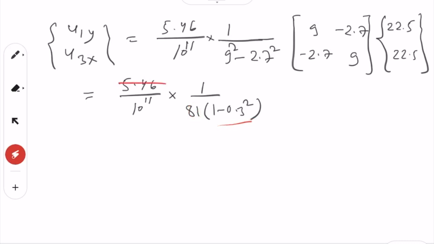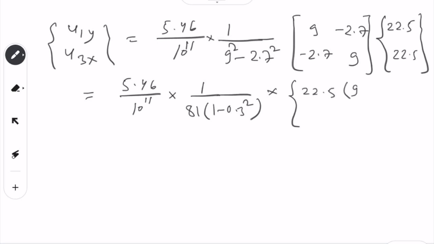So I think this and this will be cancelled, and then we have here, so this will have 9, so 22.5 multiplied by 9, minus 2.7, and here also it will be the same thing.